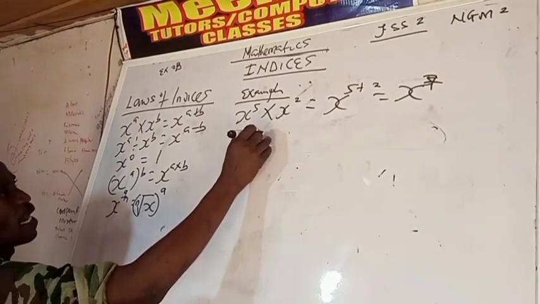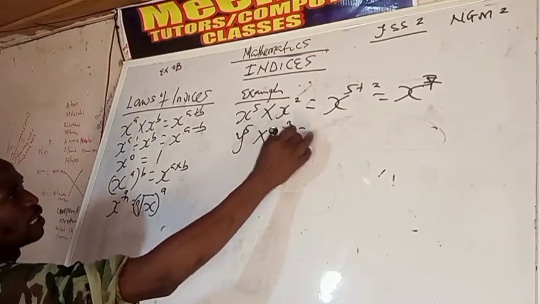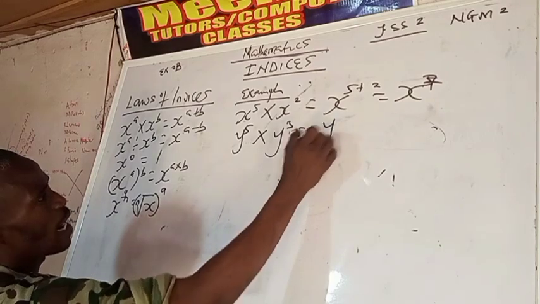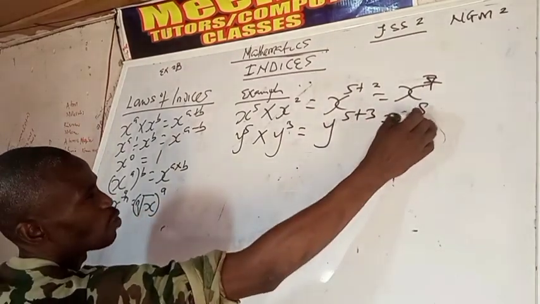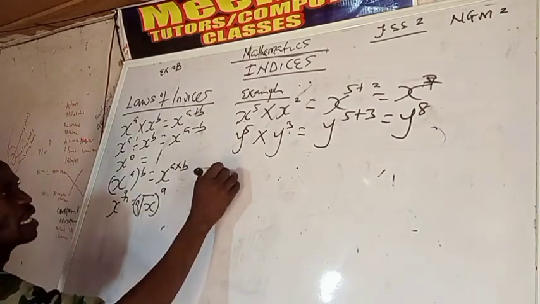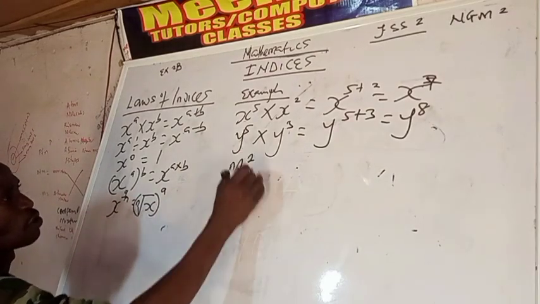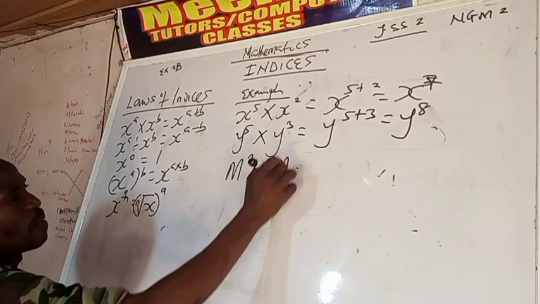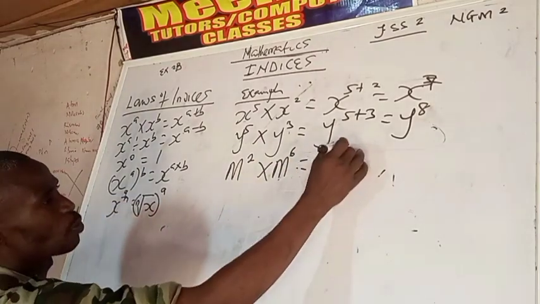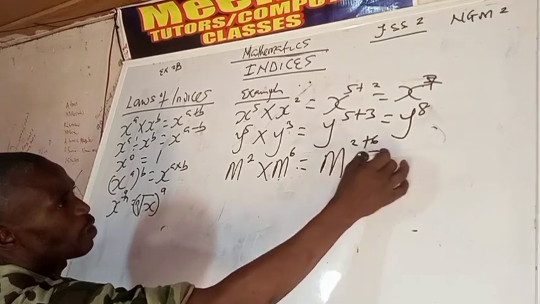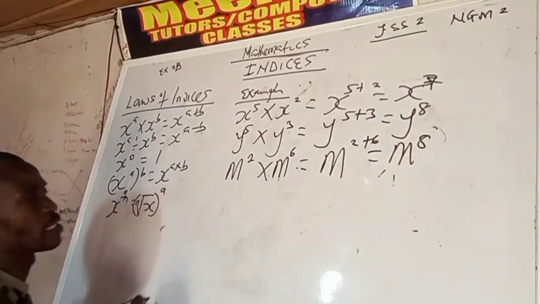Y raised to power 5 times Y raised to power 3. These become Y raised to power 5 plus 3. They become Y raised to power 8. M raised to power 2 times M raised to power 6. These become M raised to power 2 plus 6. What do you have? M raised to power 8.